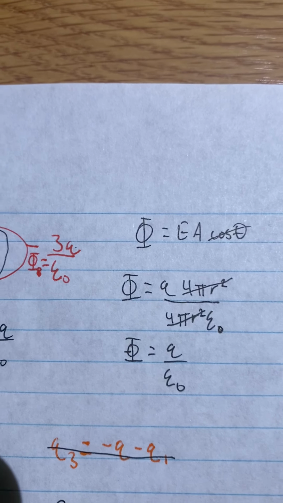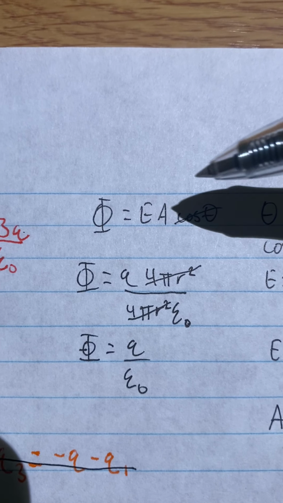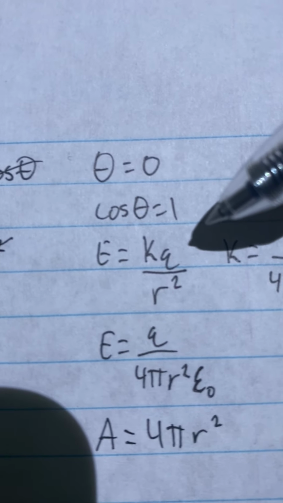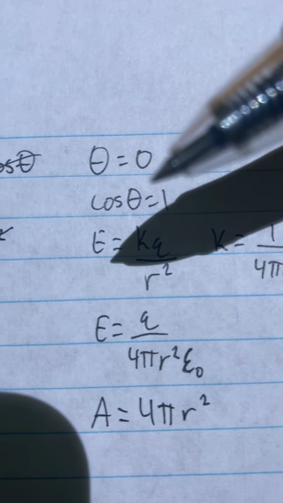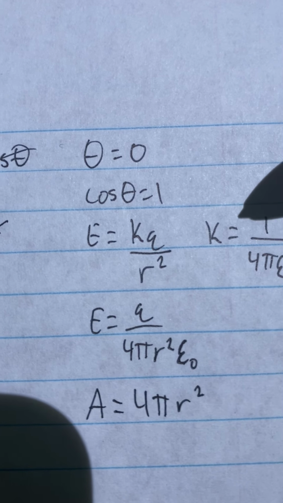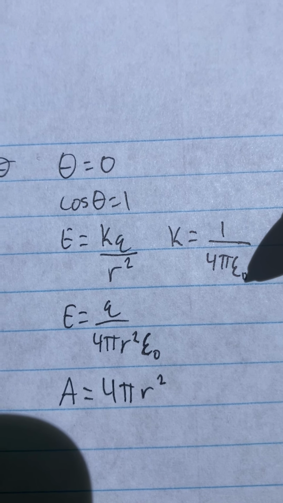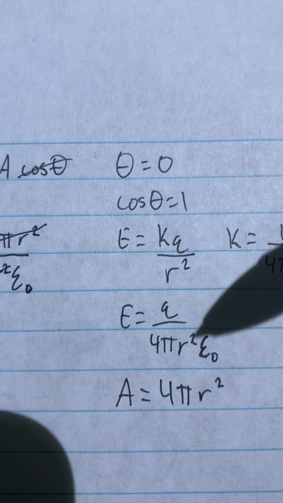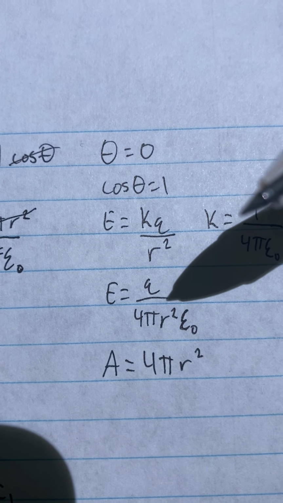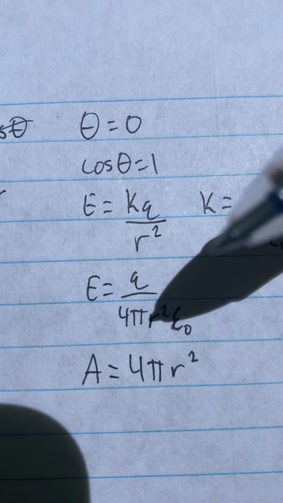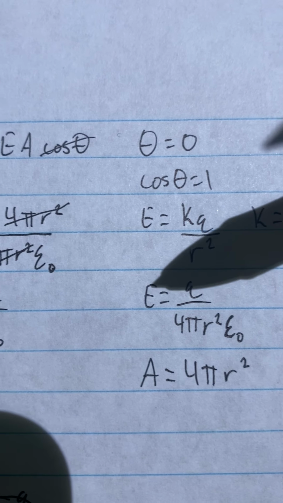We also know the equation for E is equal to kq over r squared, and we can rewrite k as 1 over 4 pi epsilon naught. Combining all of that, we can write E as q over 4 pi r squared epsilon naught.